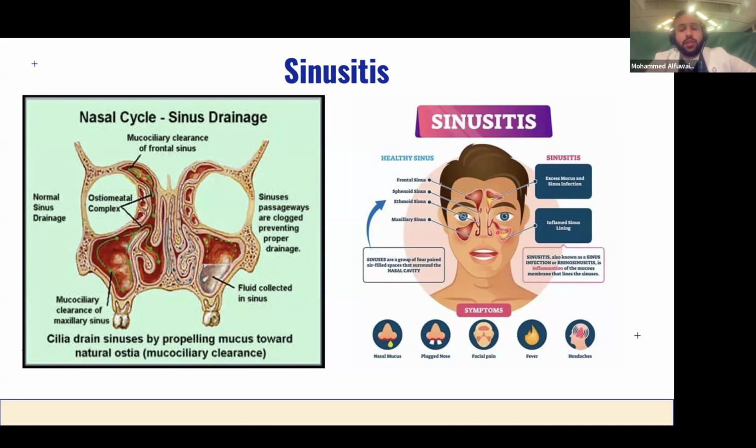So how do you know this patient has bacterial sinusitis or bacterial rhinosinusitis? Firstly, again, what's usually the original cause is rhinitis. This patient will come to you with nasal discharge, they're feeling sick, common cold, with viral rhinitis. 7 days later, they're supposed to get better, but they get worse.